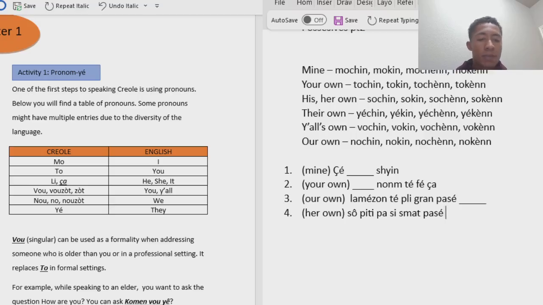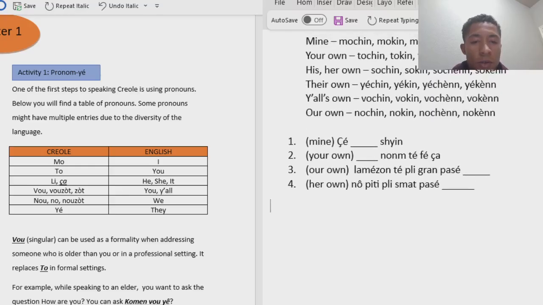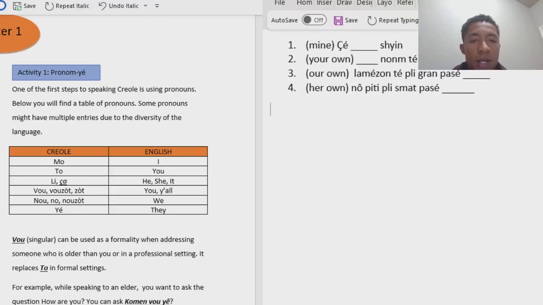Petit passé, small passé. Yeah. Ready? So memorize these at the top. Record these down, screenshot them if you have to, write them down. And then let's get into the practice.